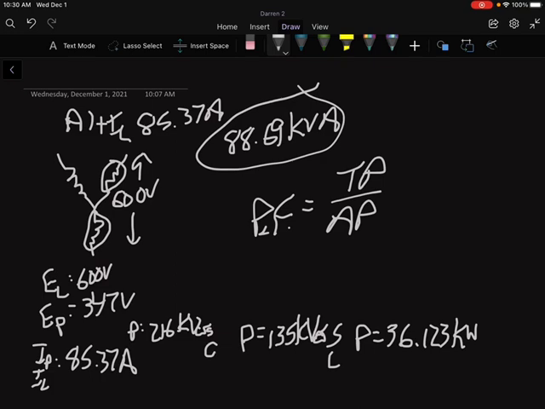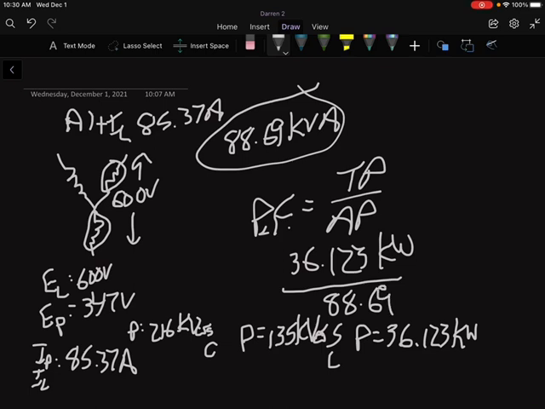So we have 36.123 kilowatts divided by 88.69 kVA.